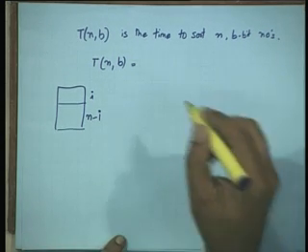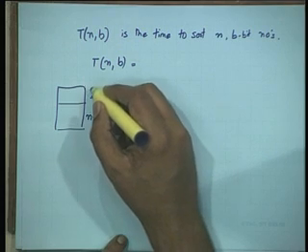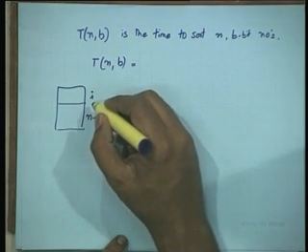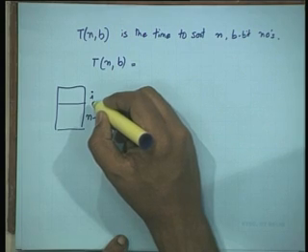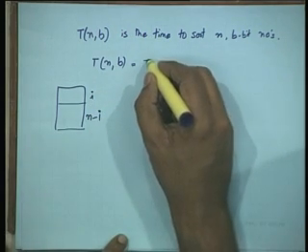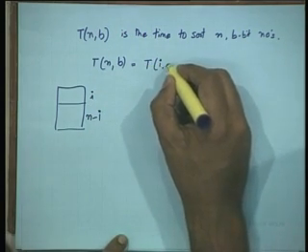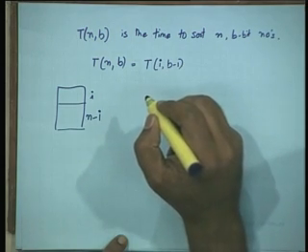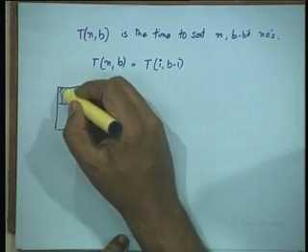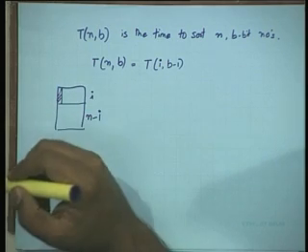Now, how much time does it take to sort these i numbers? Because we are going to do it recursively, it should be T of i comma b minus 1. The b minus 1 is important, because we are going to ignore the leftmost bit, which is the same for all of these numbers.